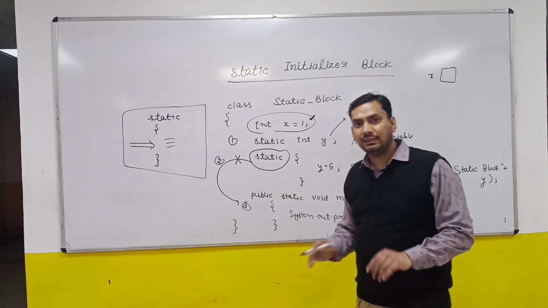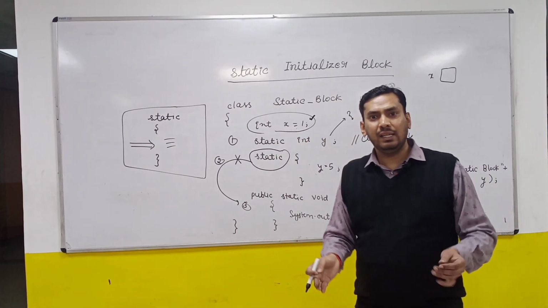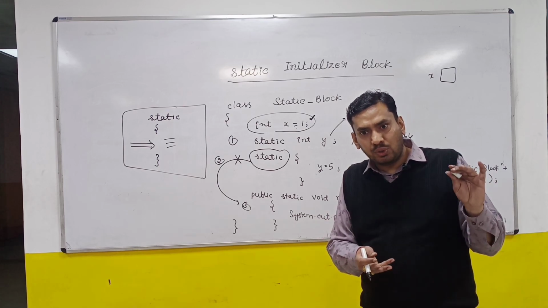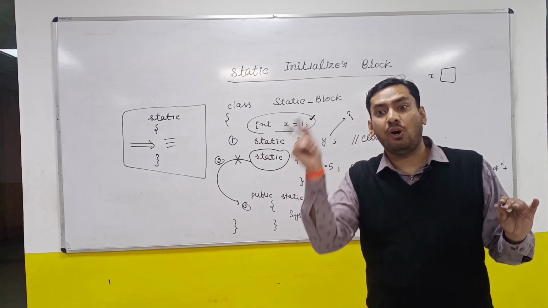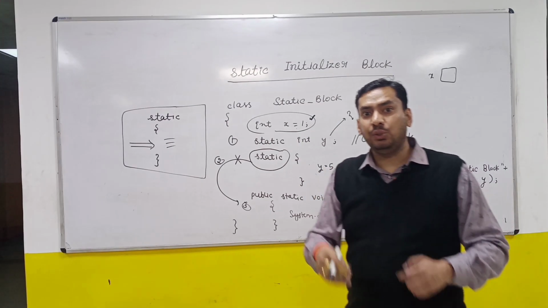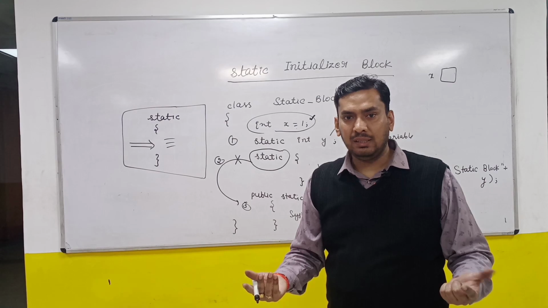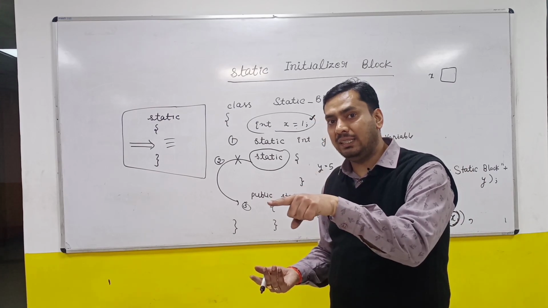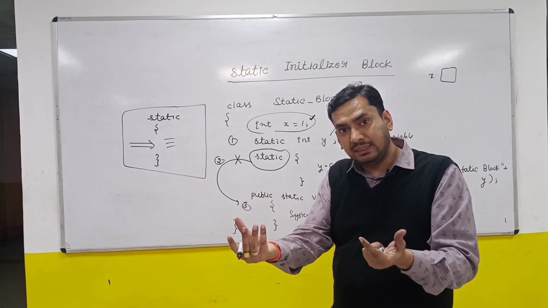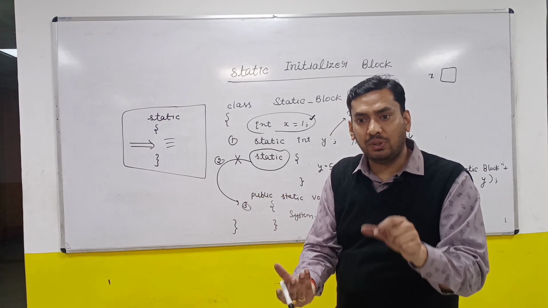That's why there is a restriction that from a static scope, if you want to access a non-static member, you have to use an object reference. It means you have to create an object, and using that object reference you can access the data member. Why? Because an instance variable is the property of your object.